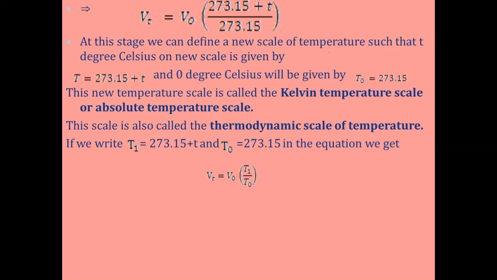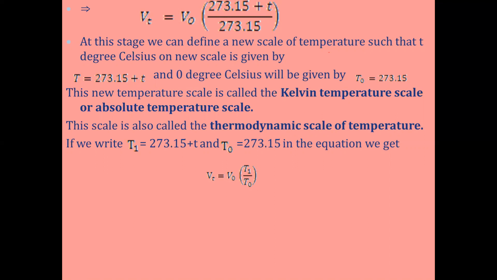So at this stage, we can define a new scale of temperature, which is known as the Kelvin temperature scale or absolute temperature scale. So here capital T is equal to 273.15 plus small t, and then 0 degrees Celsius will be given by T naught is equal to 273.15.